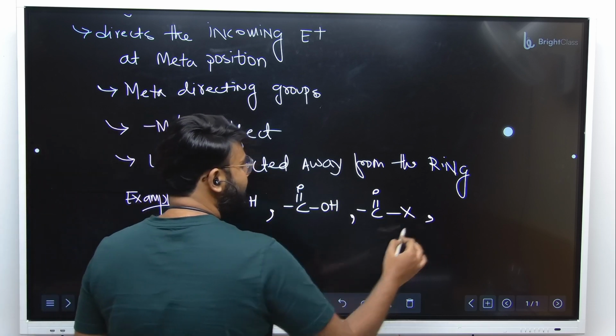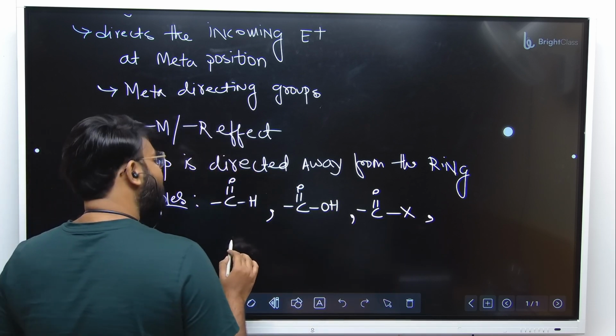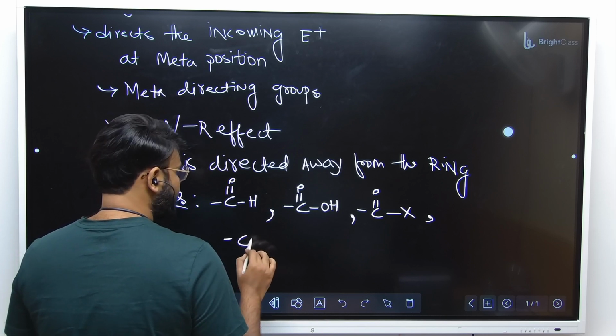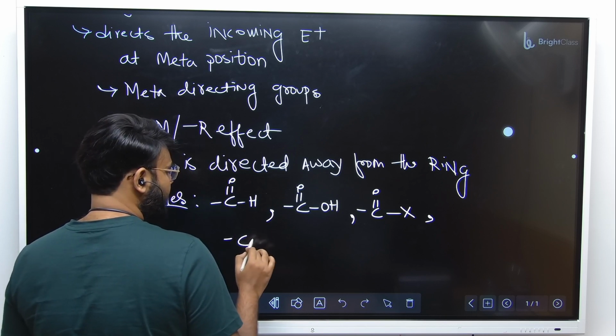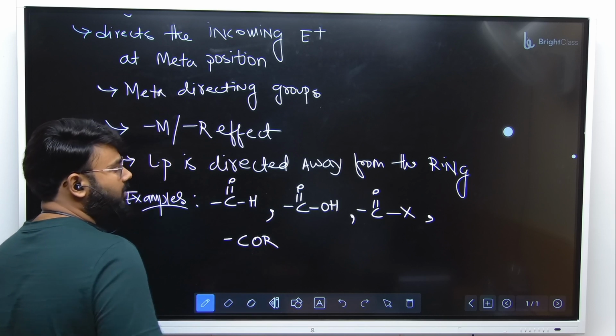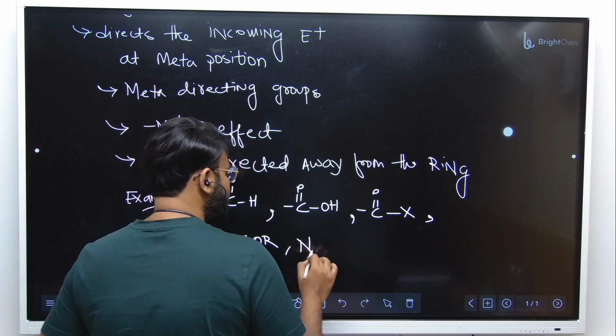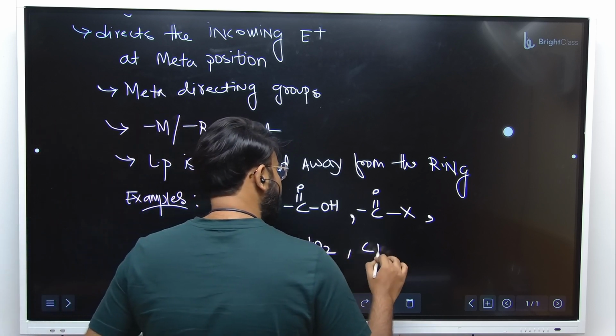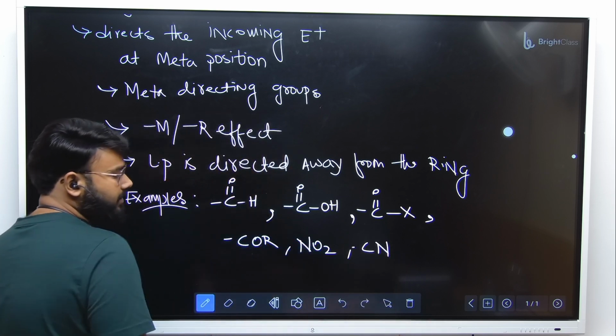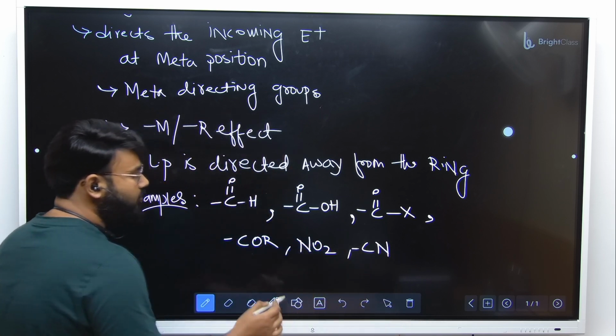It's very easy to identify them. Then COOR, COCl, then NO2, then CN, benzonitrile, cyanides, nitro groups.